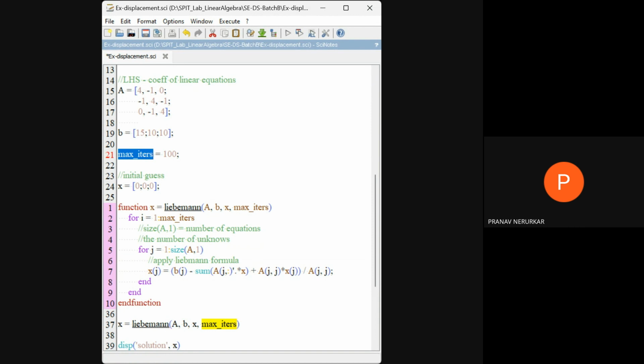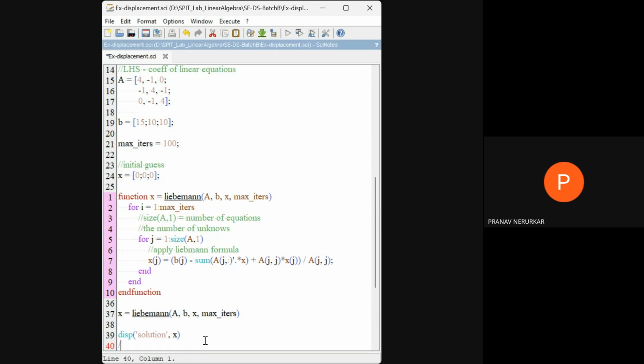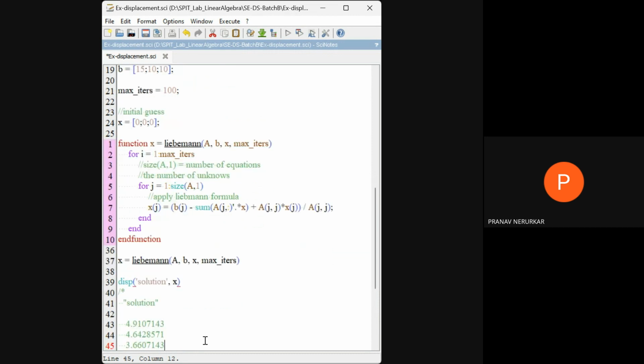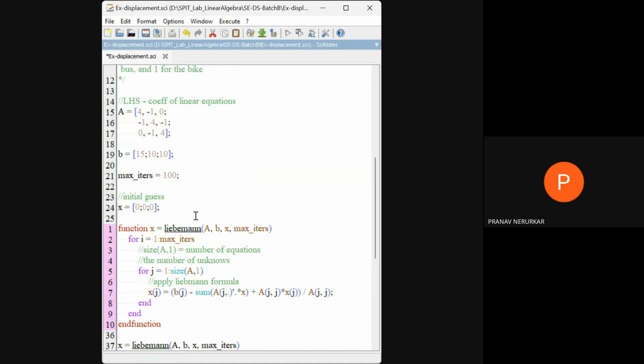So just to see if there are any syntax errors. Okay, we don't have syntax errors.